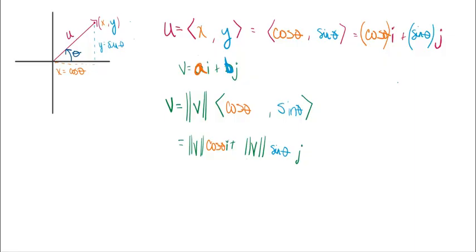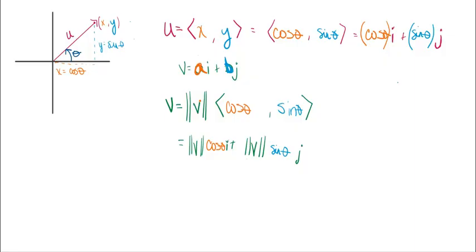And we're going to represent vector v as the linear combination of a times i plus b times j. Okay, this is any vector, and it makes the angle theta with the positive x-axis in the same direction as u.